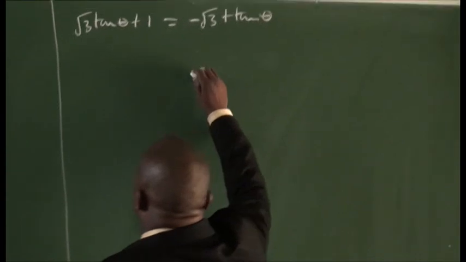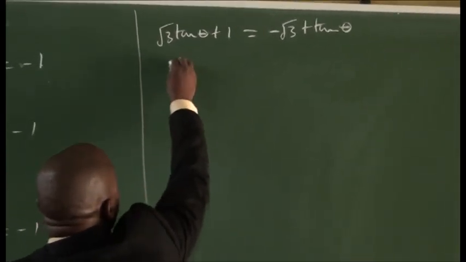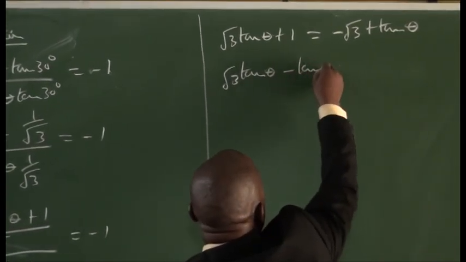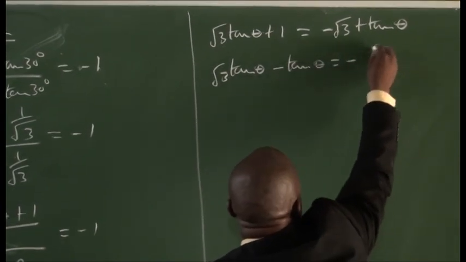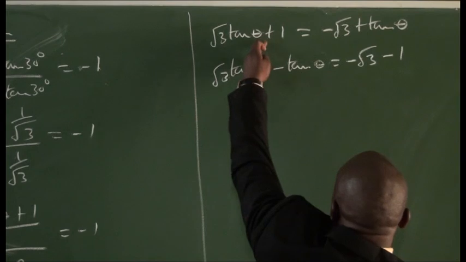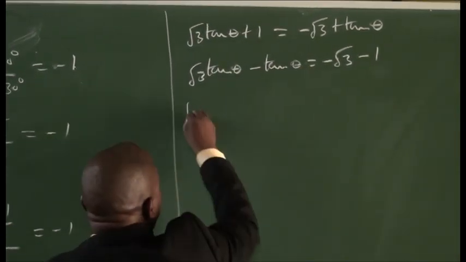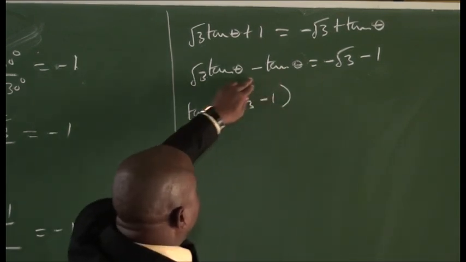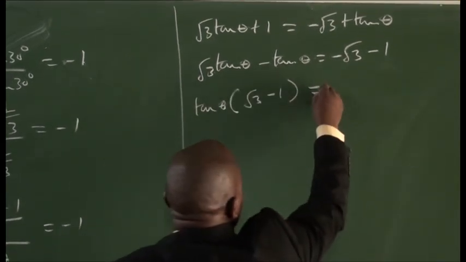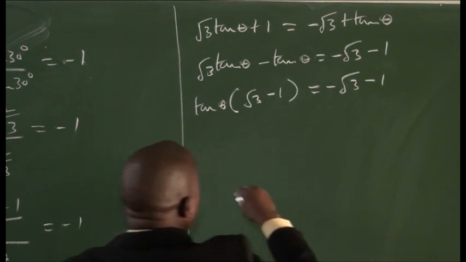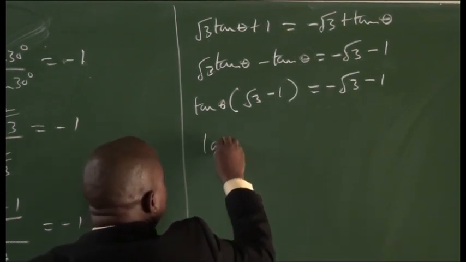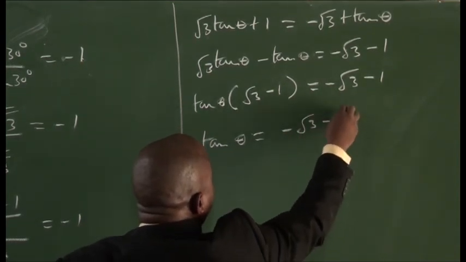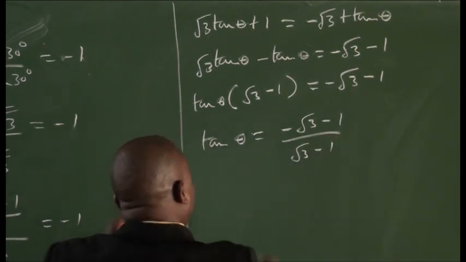All right, so for me to find theta, root 3 tan theta minus tan theta will be equal to minus root 3 minus 1. I'm transferring the minus 1 this way. If you factor out tan theta, you have root 3 minus 1 times tan theta, which is equal to minus root 3 minus 1. Then tan theta will be equal to minus root 3 minus 1 over root 3 minus 1.